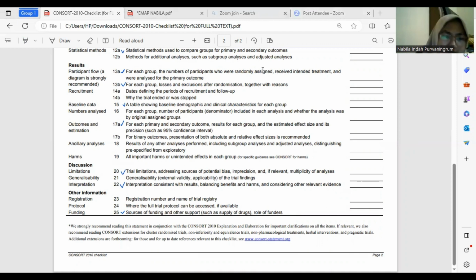In this article, the registration number is not stated in the full text, but we can see it in the abstract. In the full text we don't find it.